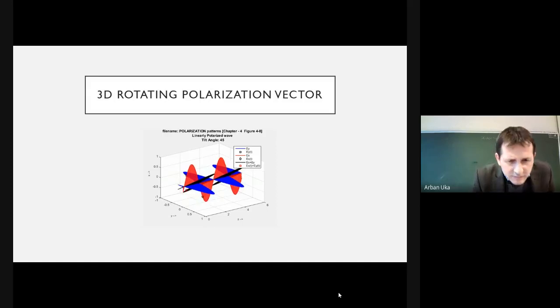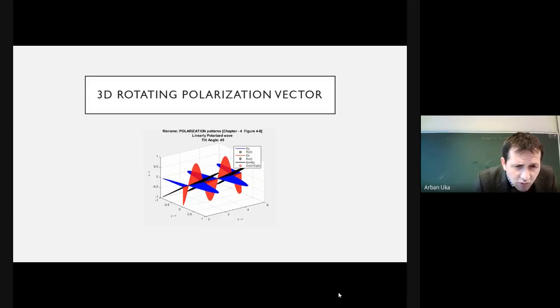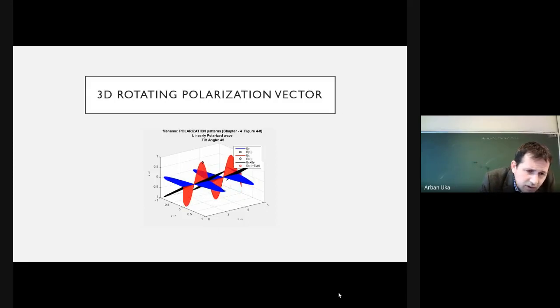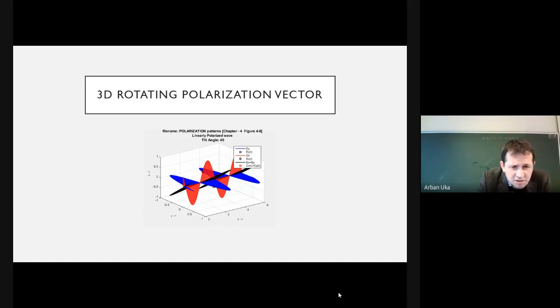So the E field is shown here. You have a component EX and EY, and X in this case is shown pointing up, and the right-hand rule also confirms these directions. If you take the cross product of X and Y, you get the Z direction, which is propagating somewhat to your right.